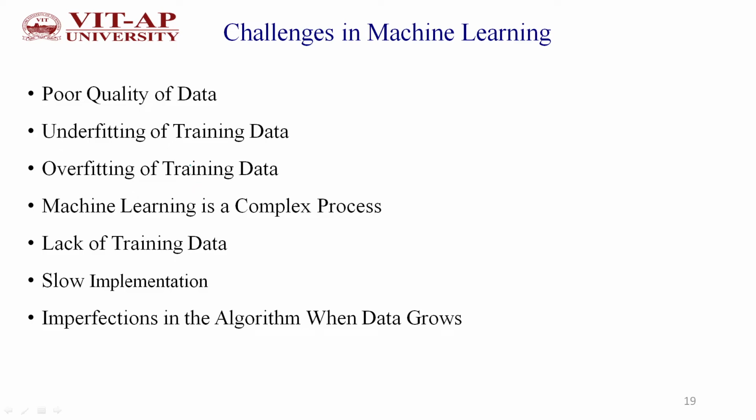What are the challenges in machine learning? Here we will use the data to train our model. If our data is of poor quality, that means unwanted data with noise, then that is a main challenge in machine learning. So we have to identify the noise in data by applying the data cleaning approach.